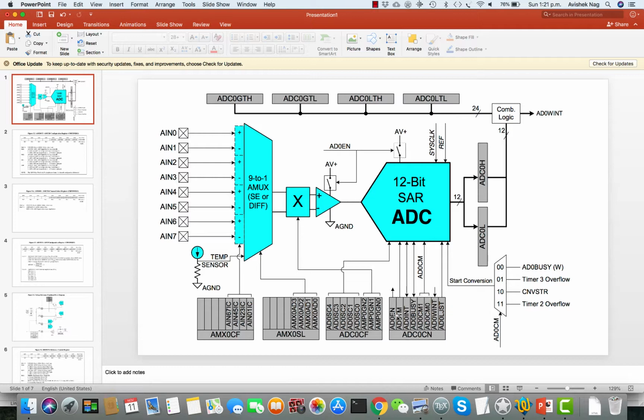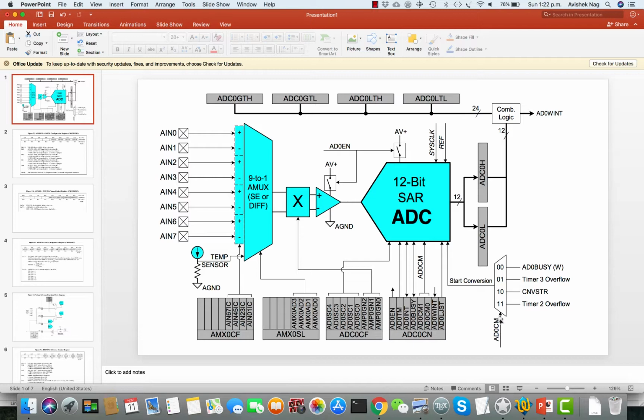Then if you closely look into this ADC0CN special function register, you will see that there are 2 bits, ADC0CM1 and ADC0CM0. Based on the combination of these 2 bits, whether it is 00, 01, 10 or 11, this multiplexer will be selected.